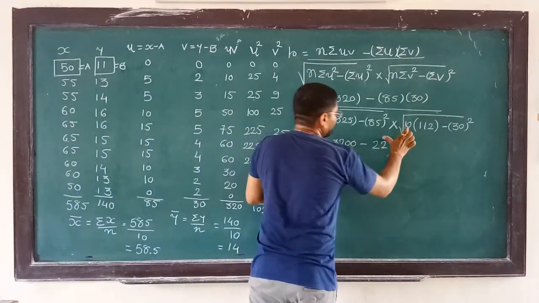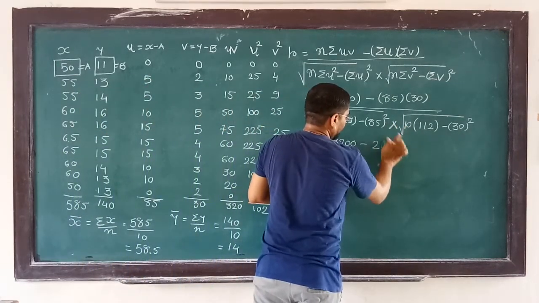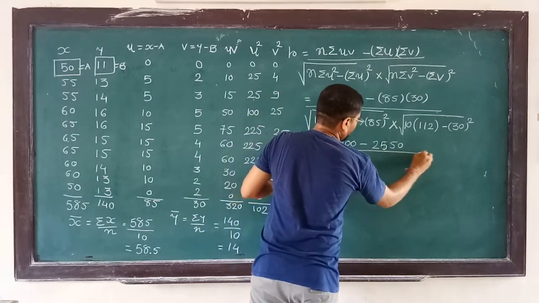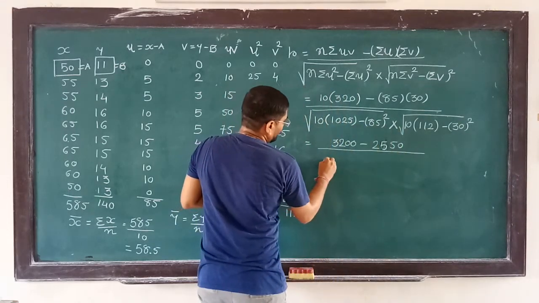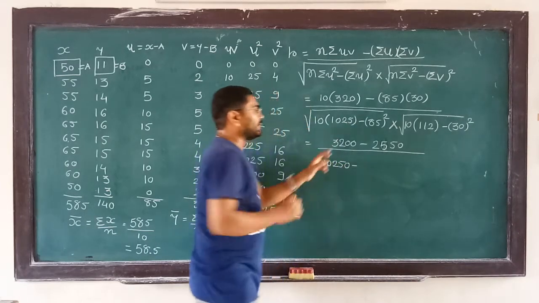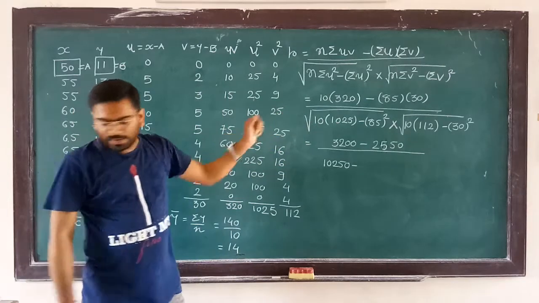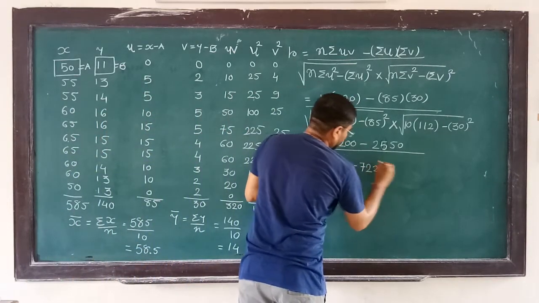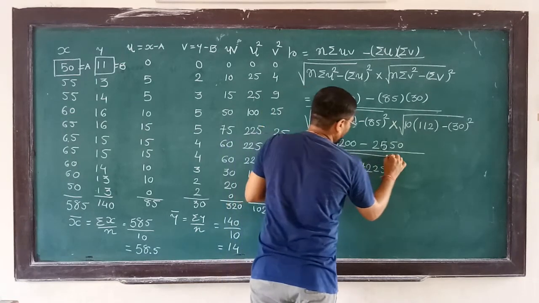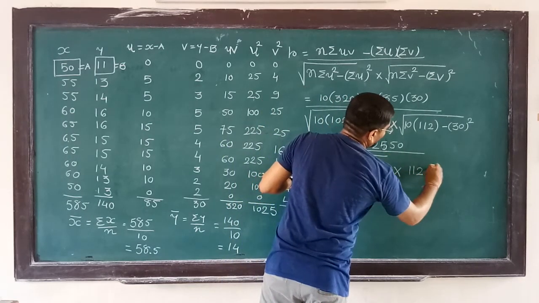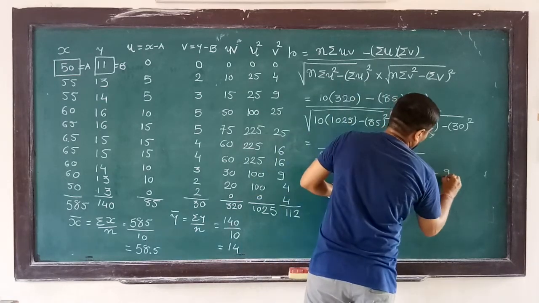Sorry, 2550, upon 10250 minus 85 square, which is 7225, under root, multiplied by 1120 minus 900.